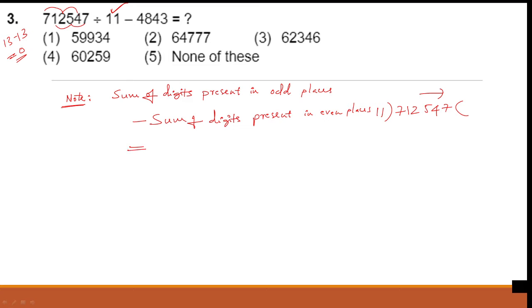So this should be either 0 or a multiple of 11. Okay, so this is what you need to remember while dividing with 11.